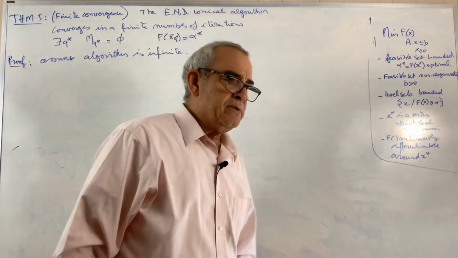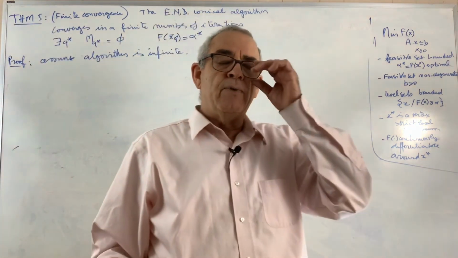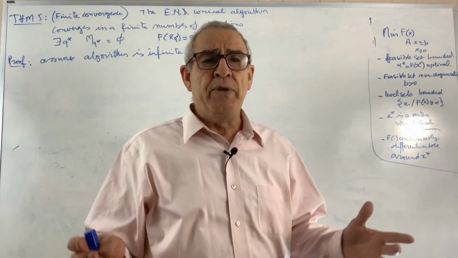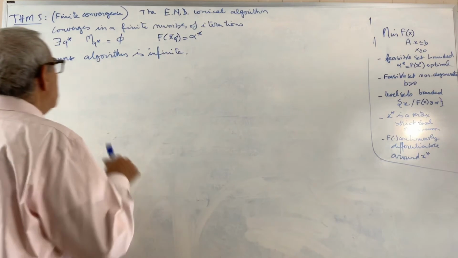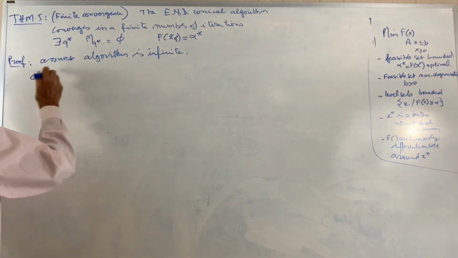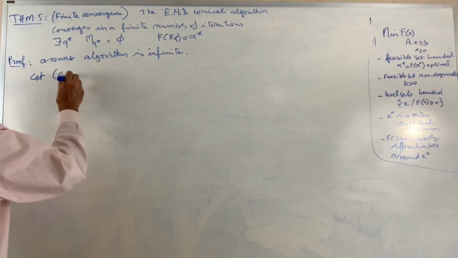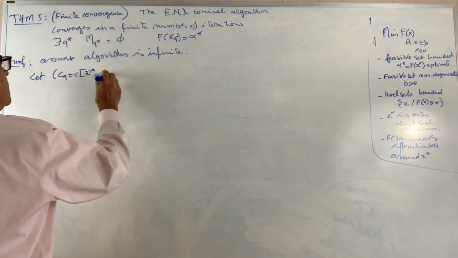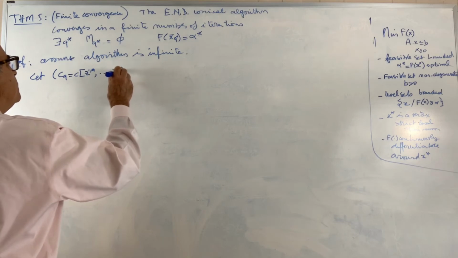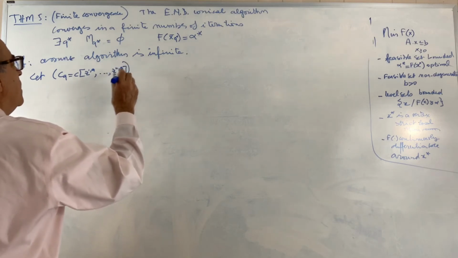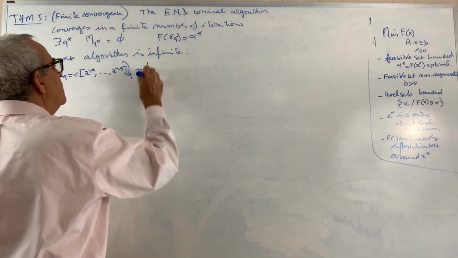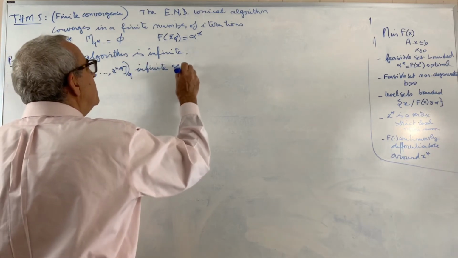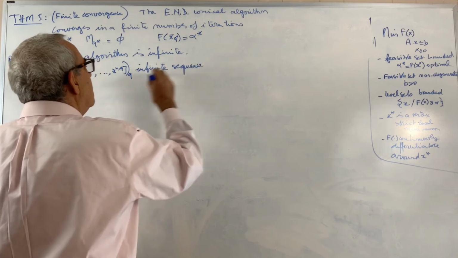Therefore, if it's infinite, at every iteration we have a cone to be searched. So if we look to the tree, we're going to find an infinite sequence of nested cones. So let CQ be an infinite sequence of nested cones.